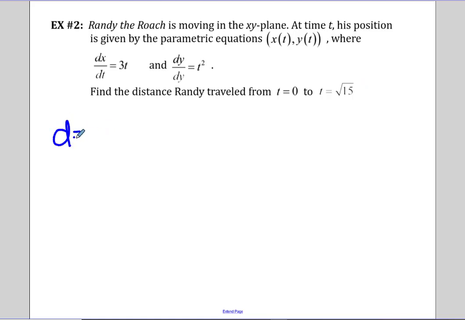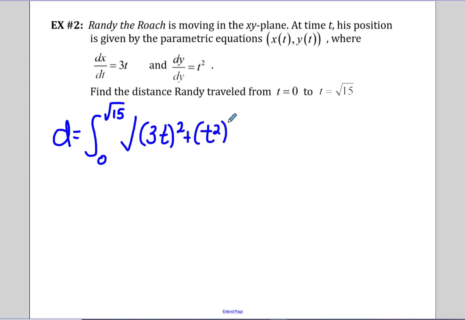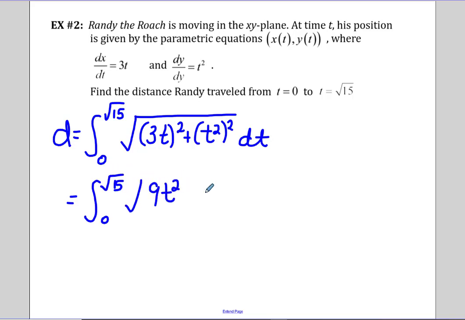So that distance is the integral from 0 to radical 15 of the square root of 3t quantity squared plus t squared quantity squared with respect to time. And cleaning that up is going to give us the radical of 9t squared plus t to the 4th dt.